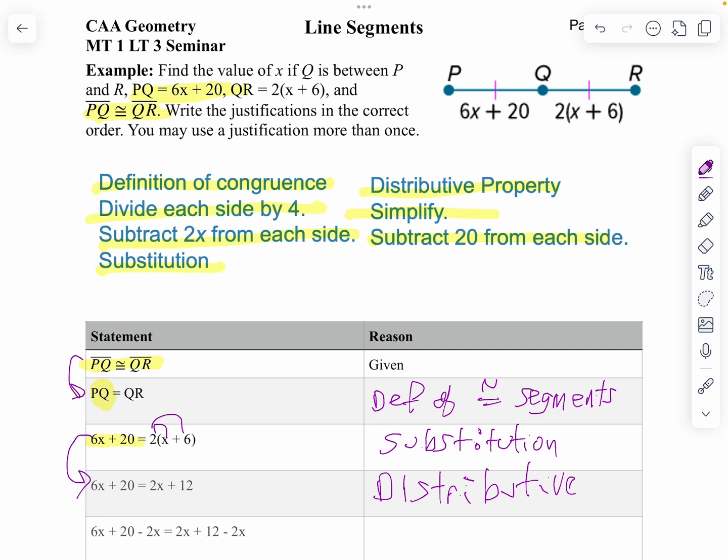Now on the next line, notice what happened. We just subtracted 2x from both sides. And I even told you right here, subtract 2x from each side. I'm lazy though. I'm not going to write subtract 2x from both sides.